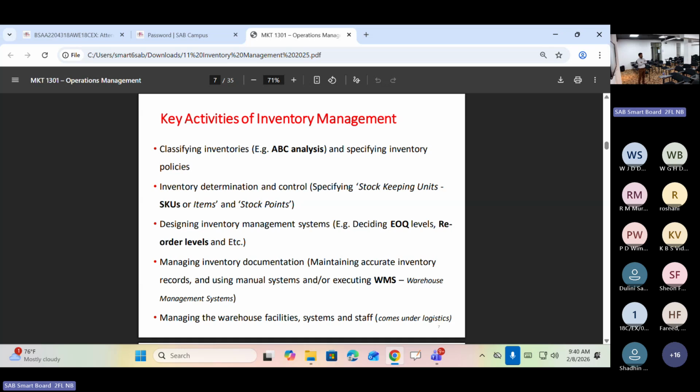Is inventory management, like classifying inventories, determining inventory control systems, identifying SKUs and stock points, designing inventory management, keeping records of inventories, managing inventory related infrastructure like warehouse facilities, systems and staff, relevant for service industries?